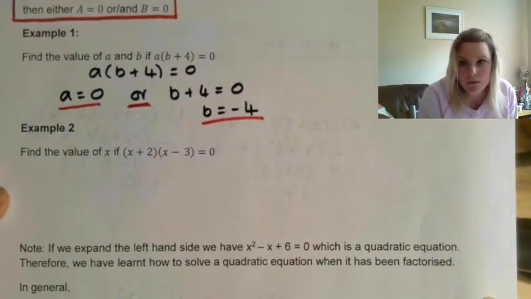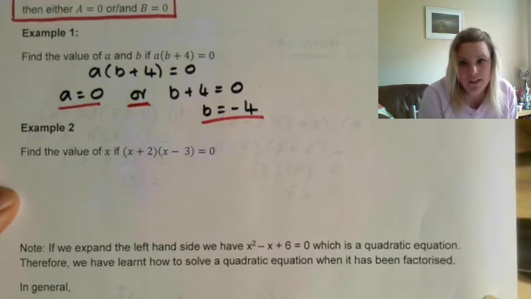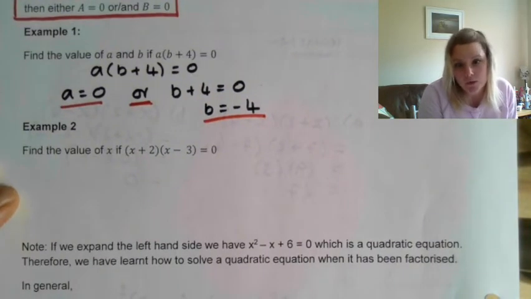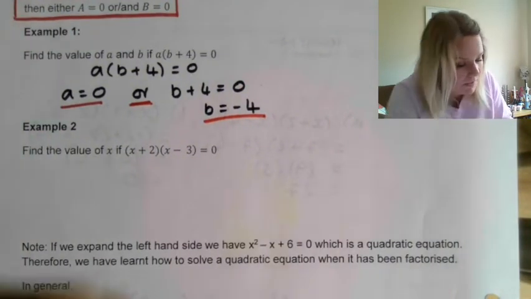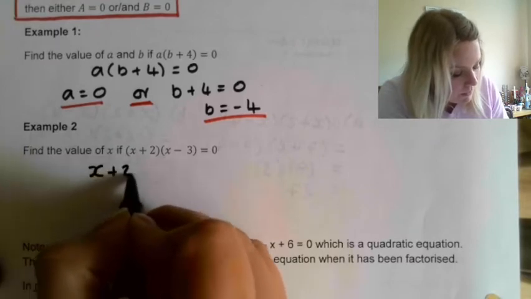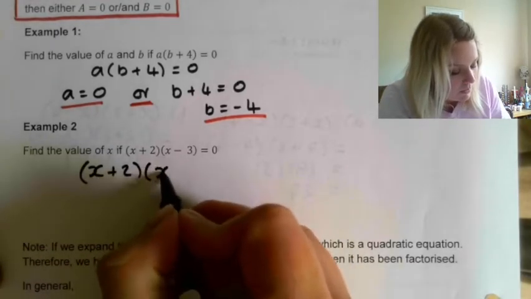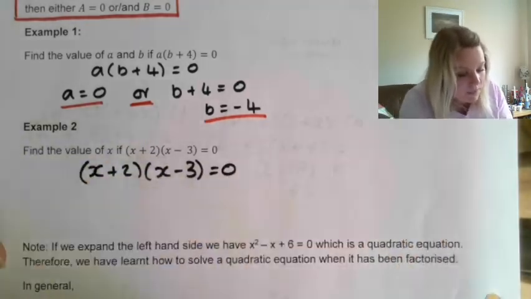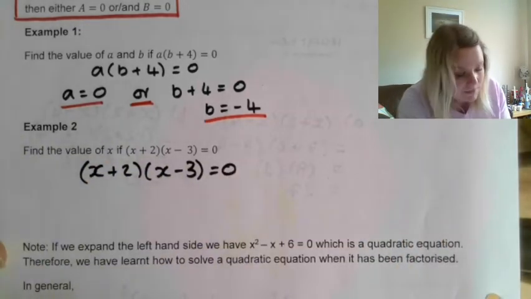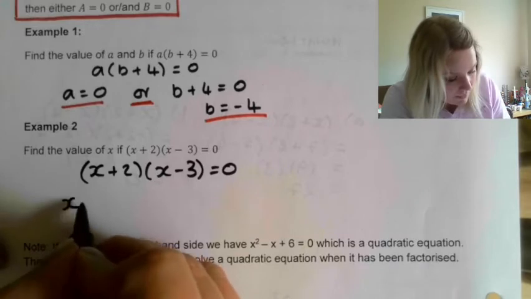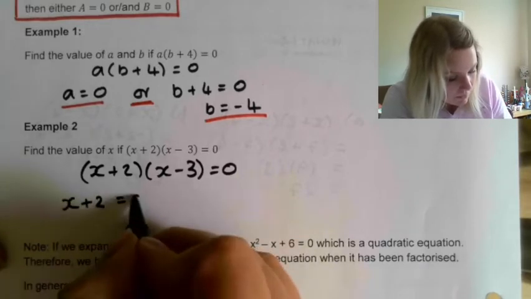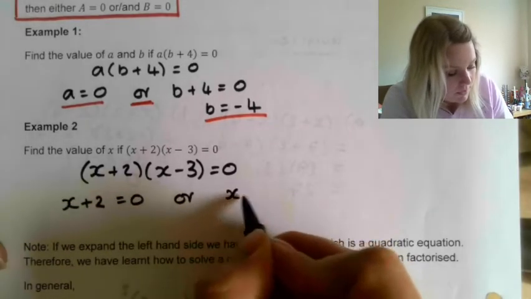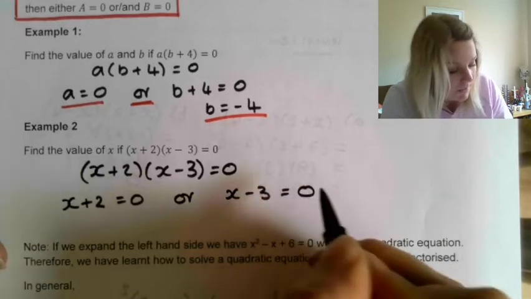So example 2: find the value of x if (x plus 2) multiplied by (x minus 3) equals 0. Then we know that either x plus 2 equals 0 or x minus 3 equals 0.